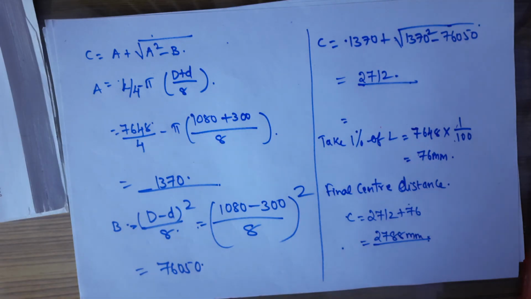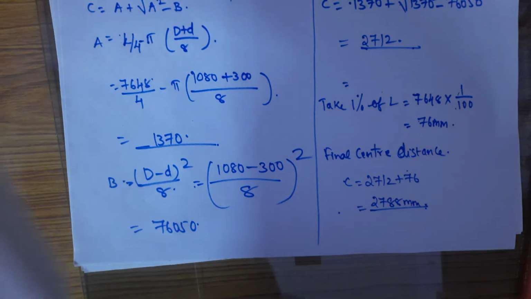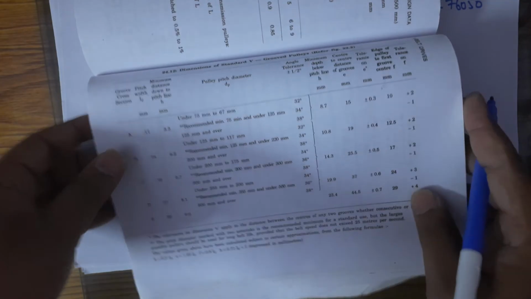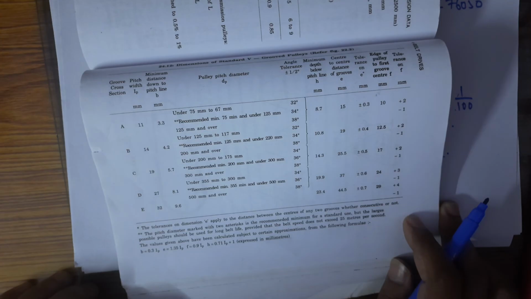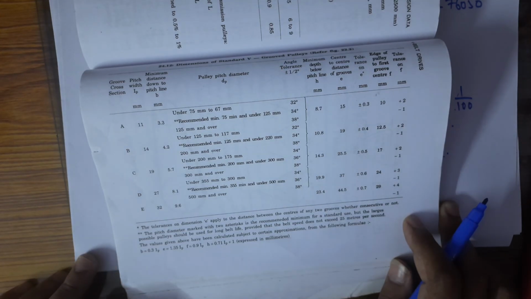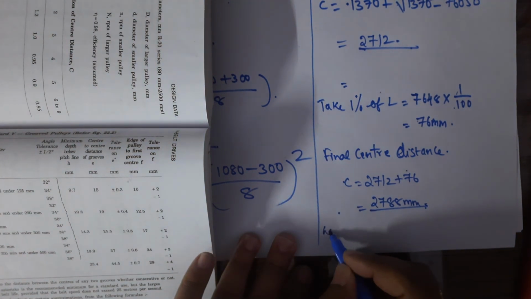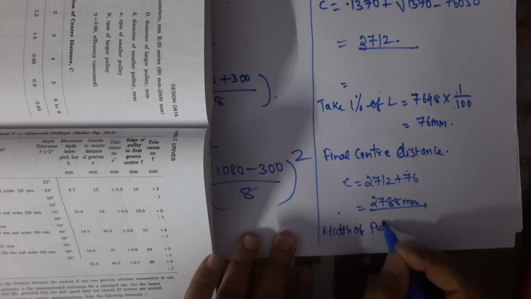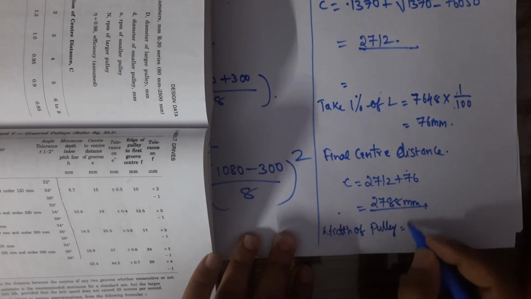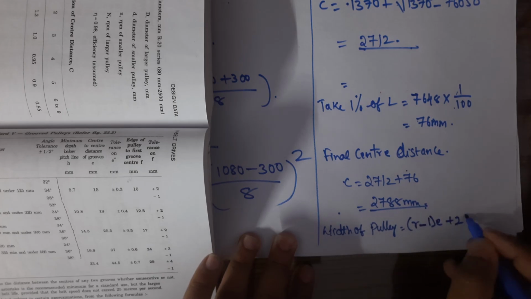Okay, so later we have to find the width of the pulley. So you can find the tabular column here. Based on this tabular column we have to find out the width of the pulley. So width of pulley is equal to (n minus 1) e plus 2 into f.